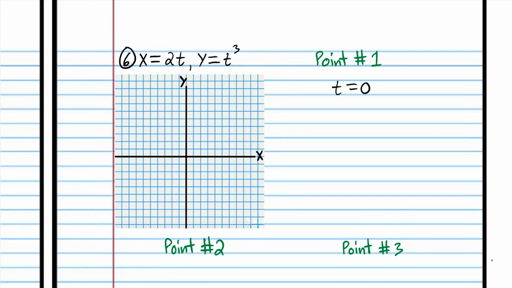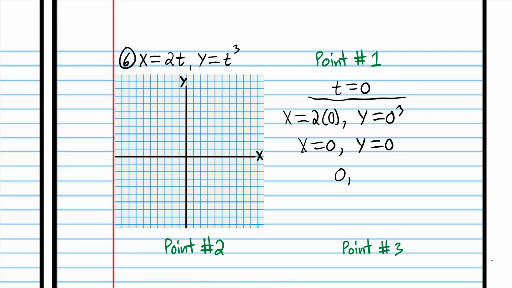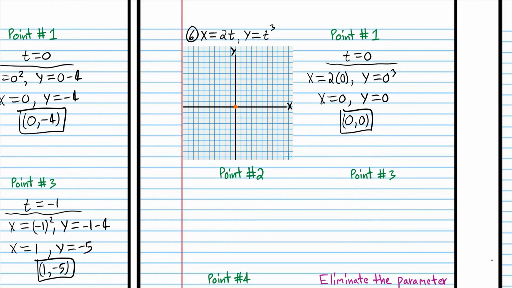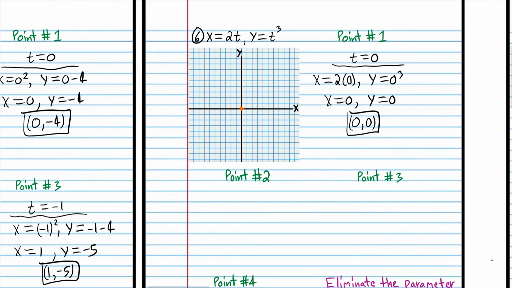So let's find some points. We'll choose 0 for t. So x is equal to 2 times 0. Y is equal to 0 cubed. So x is 0. Y is 0. So we got 0, 0 for the point. Let's choose t is equal to 2.